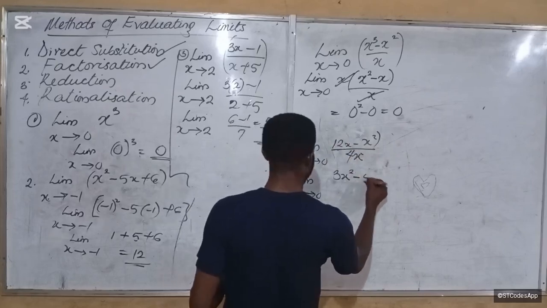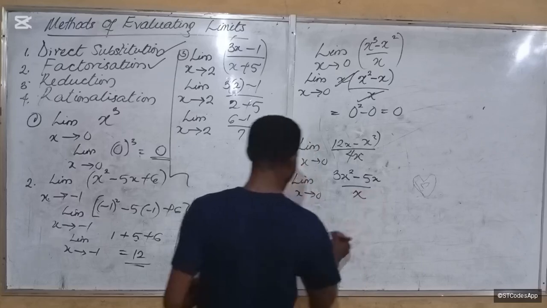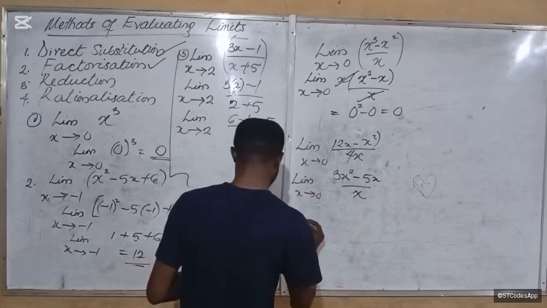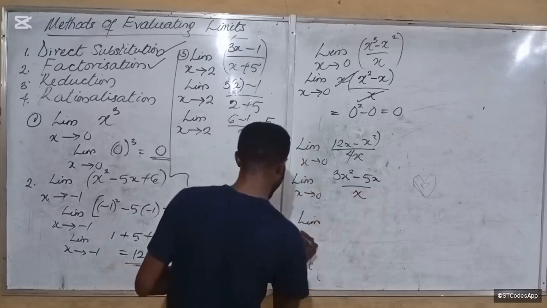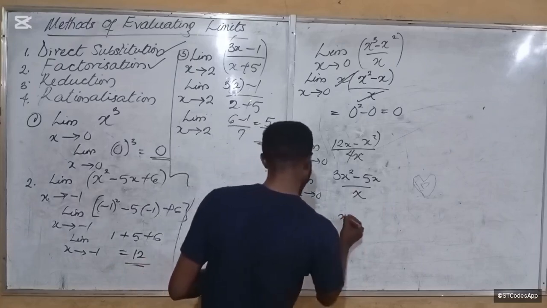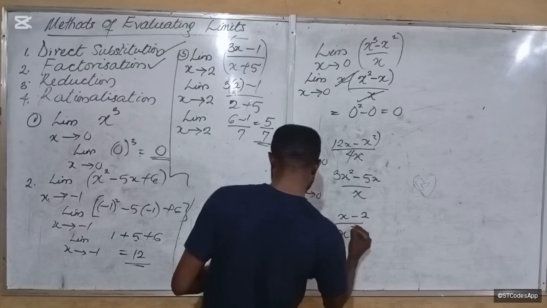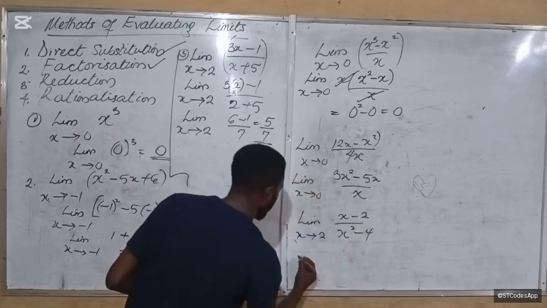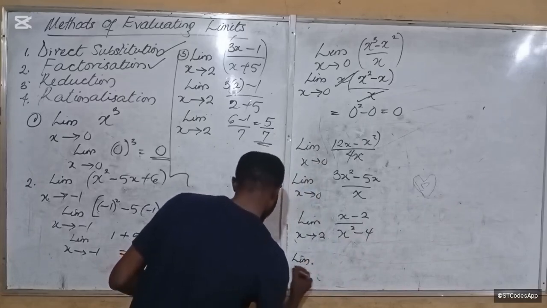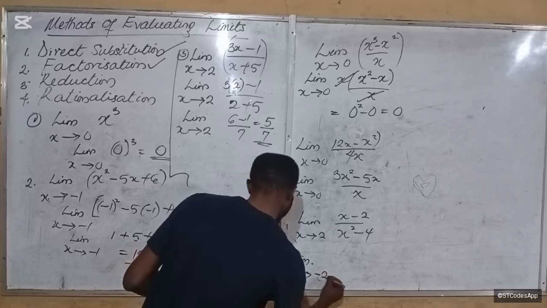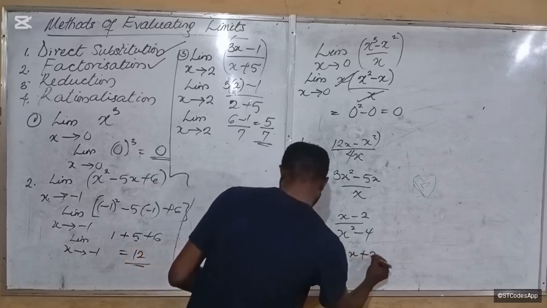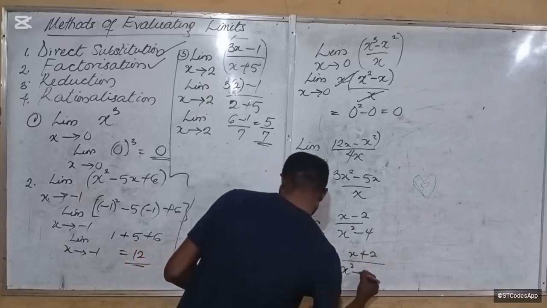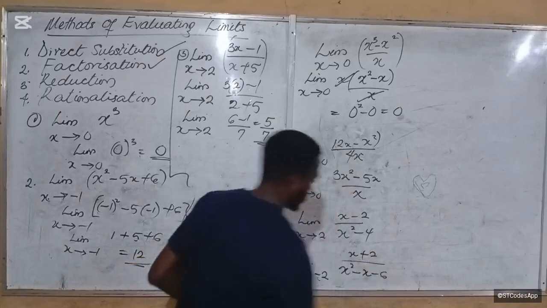Then the limit as x approaches 2 of x minus 2 over x squared minus 4, and the limit as x approaches minus 2 of x plus 2 over x squared minus x minus 6.